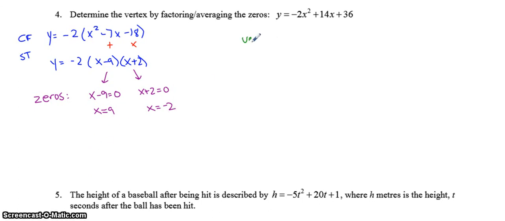For the vertex, to find the x-coordinate of the vertex, you're going to average the two zeros, which means you're going to add them up and divide by 2.